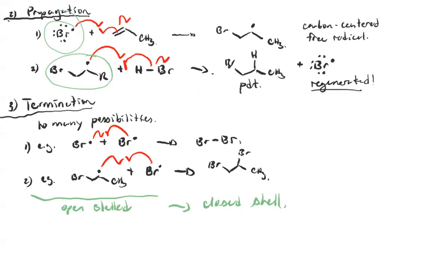Oh, so the one free radical on the carbon is coming from breaking apart the double bond. Yeah, exactly. This was the electron in the pi bond that wasn't involved in bonding to Br dot.